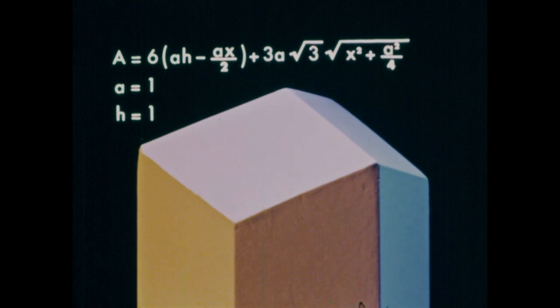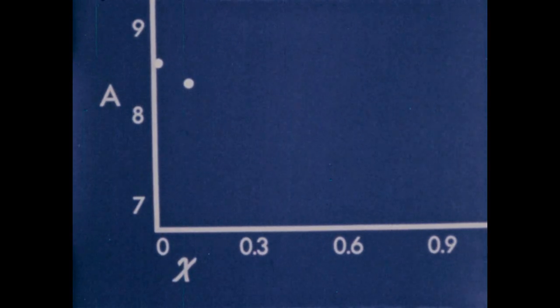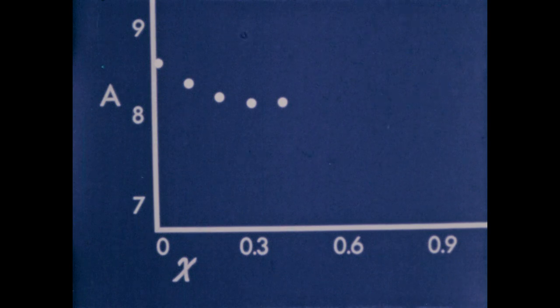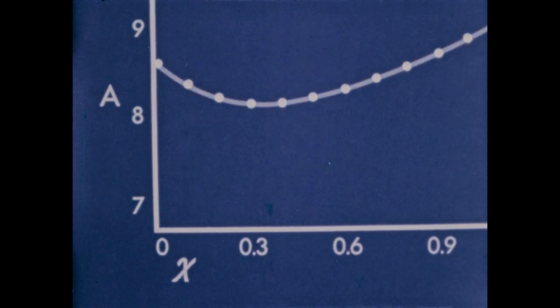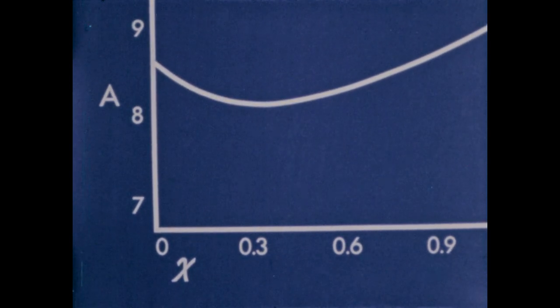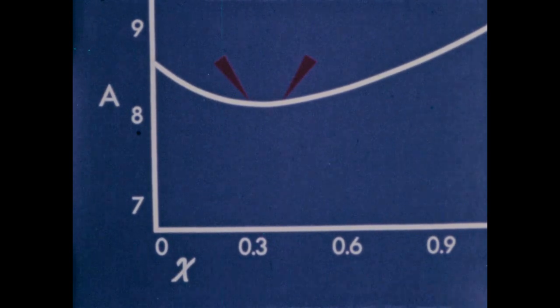Substituting in this formula, calculating values for x equals 0, x equals 1/10, and so on, plotting these values, x equals 4/10, 6/10, and so on, and then connecting these points gives us a graph which shows that the area is at a minimum when x lies between 3/10 and 4/10.